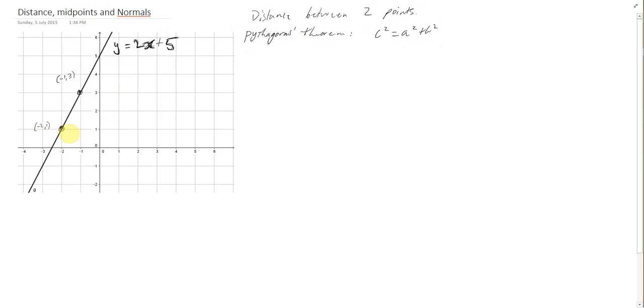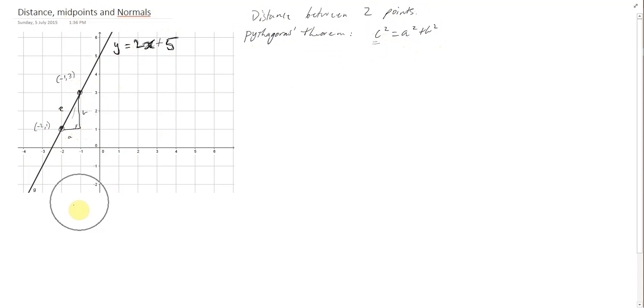Now what that means is, if you have a right angled triangle, like this one here, this side we'll call A, this one B, and C here is the hypotenuse, and it's a right angled triangle. Then this tells you the length of that hypotenuse C.